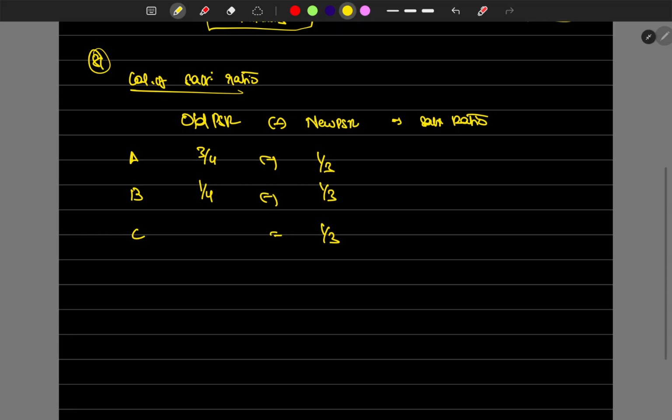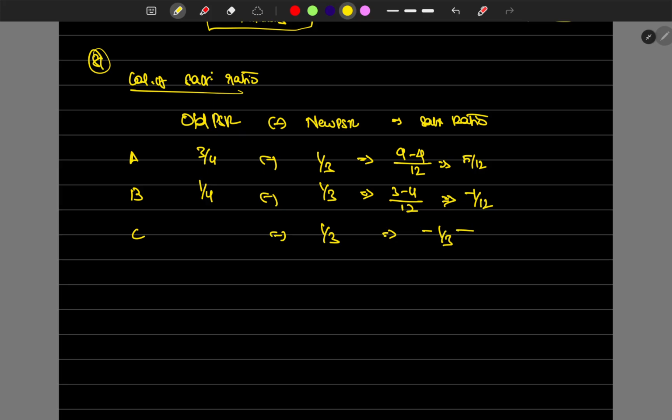So C is gaining 1/3. Let's do the LCM. 3 into 4 is 12. Then 3/4 minus 1/3 is 9 minus 4, which is 5 by 12, and 1/4 minus 1/3 is 3 minus 4, which is minus 1 by 12.